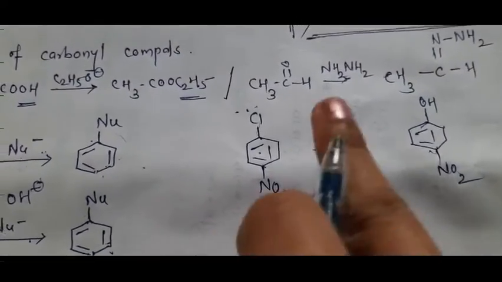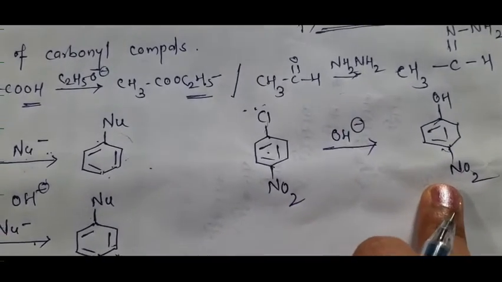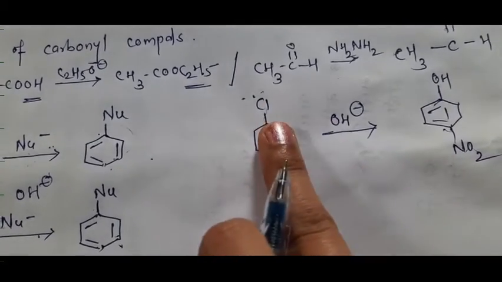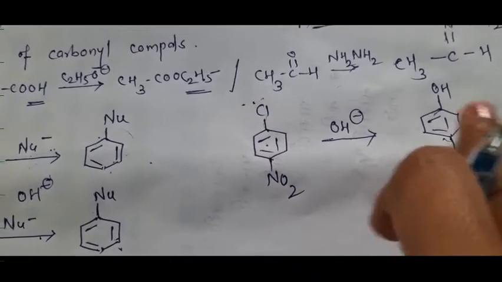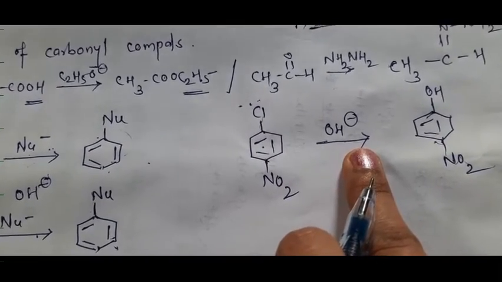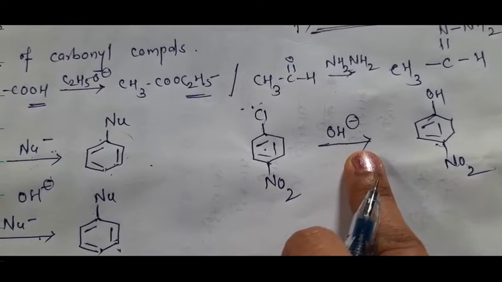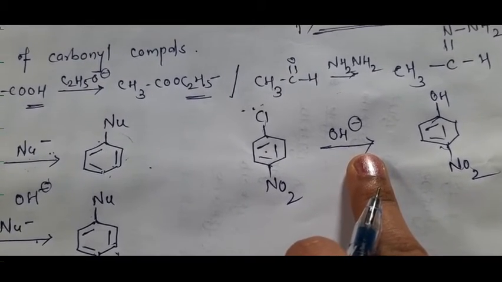is nothing but paranitrophenol. So now if I look at this reaction, I can understand that yes, the Cl is replaced with the hydroxy group, so it is going to be a substitution reaction. And since this is a nucleophile which I am using, it is nothing but your nucleophilic aromatic substitution reaction.